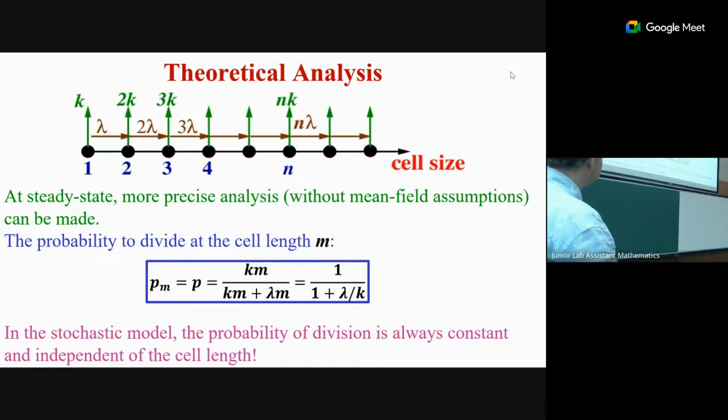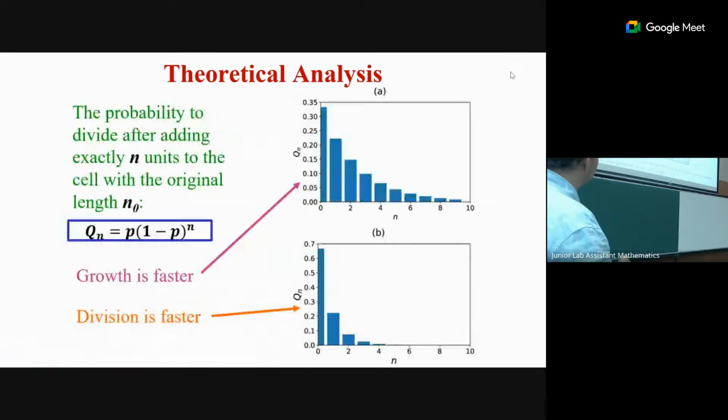And importantly, in the stochastic picture, this probability is always constant and independent of the cell. You can calculate on this quantity. For example, this is the probability to divide exactly after adding exactly n units, if you start originally from length zero. And these are two possible graphs of the same function, where here the growth is faster, and here the division is faster.